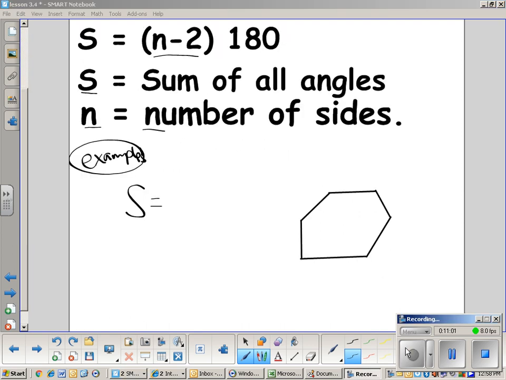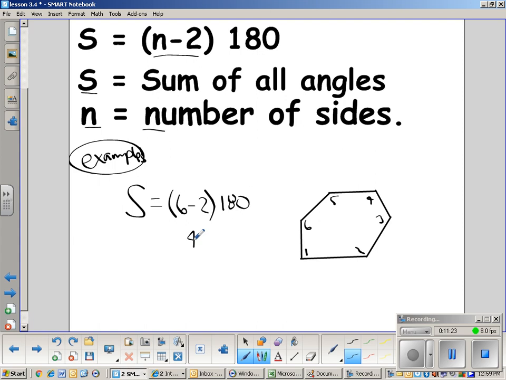So how many sides does this polygon have? 6. So to find the sum of all the interior angles, all 6 of these, we take the number of sides, which is 6, minus 2, times 180. What's 6 minus 2?